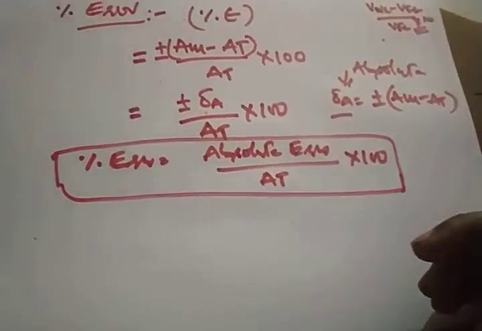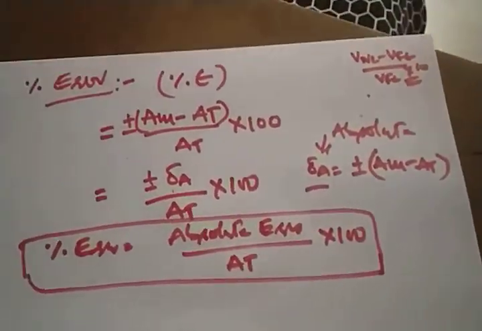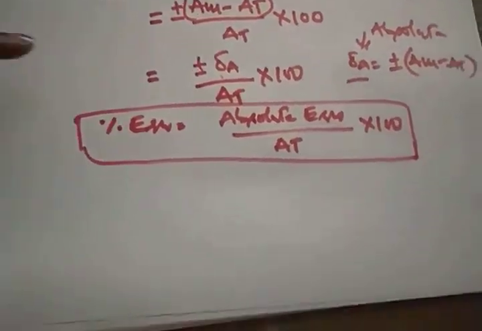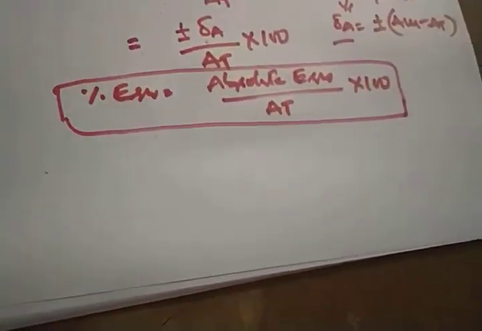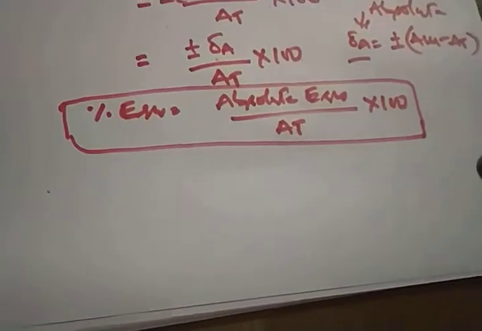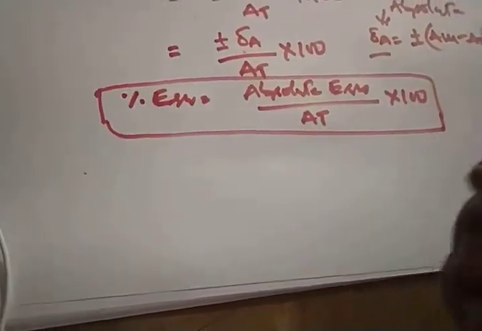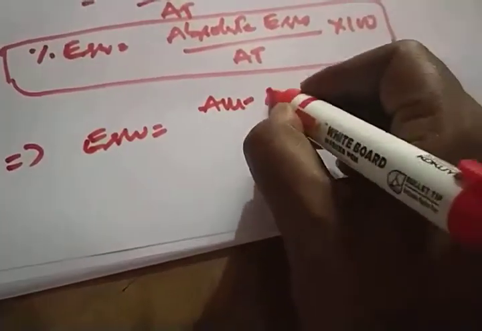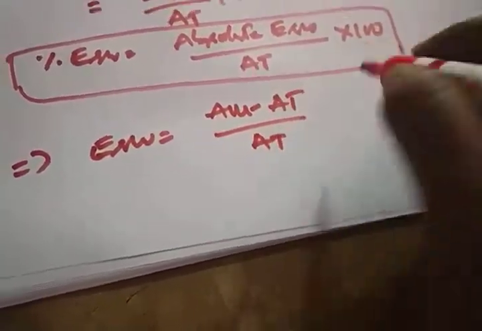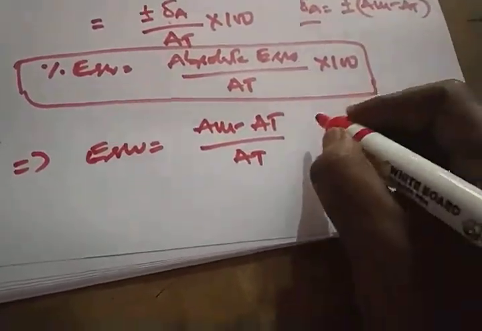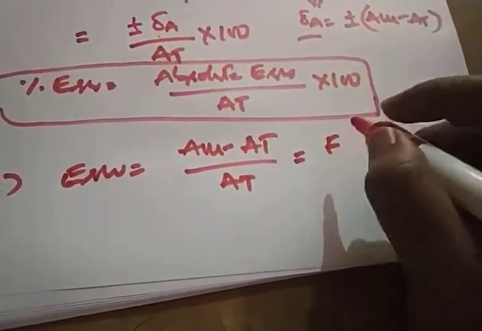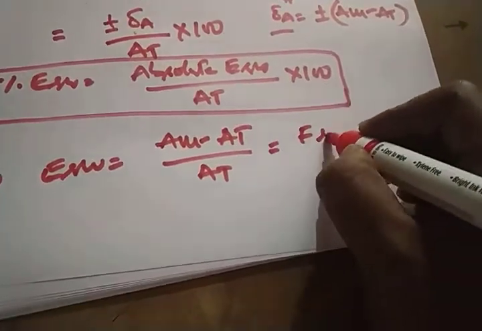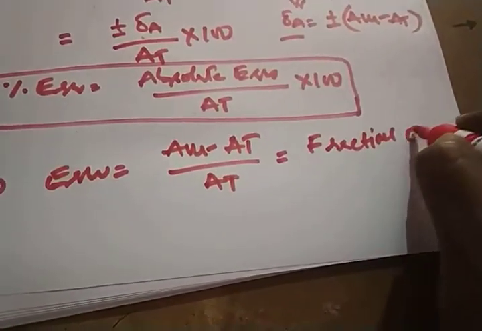So till now we covered what is an error and what is a percentage error. If you don't use the into 100, if I'm not using percentage, that is (AM minus AT) by AT without the 100, then we call that error a fractional error.